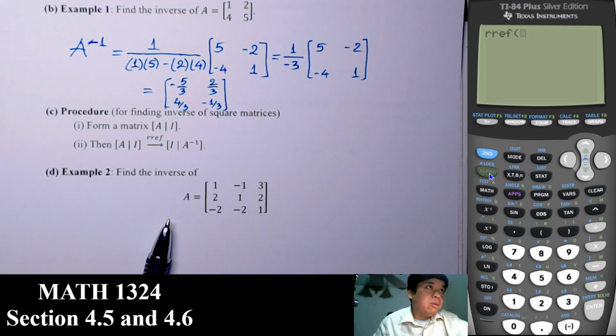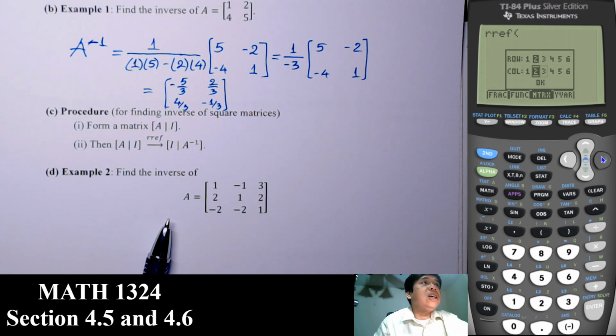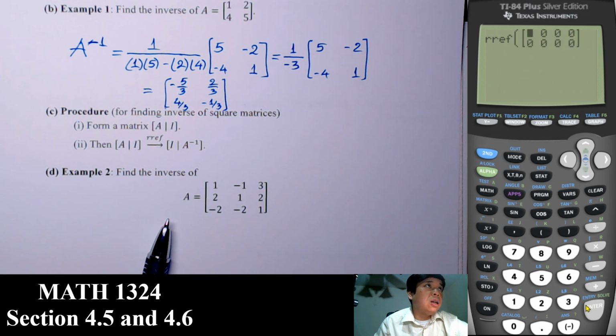So I will have this. I don't recommend doing this. If you have a calculator, just find the inverse directly. So we have 1, 2, 4, and 5, and on this side we put the identity matrix.